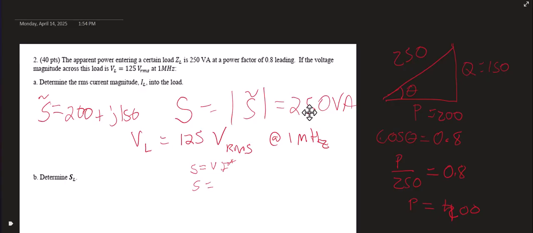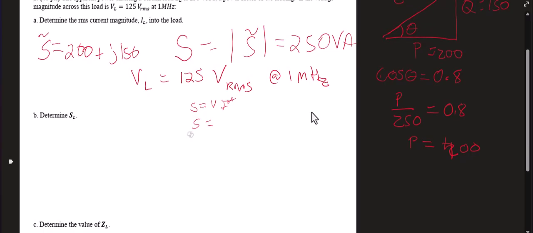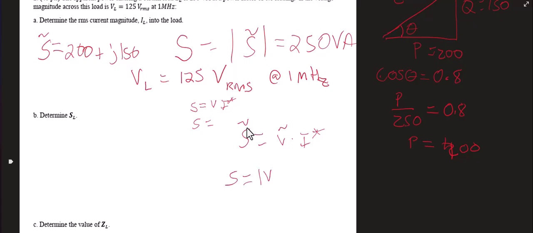Okay, so it is true that if you take the complex power and say it's the complex voltage times the conjugate of the current, then the apparent power does equal the magnitude of the voltage times the magnitude of the current.